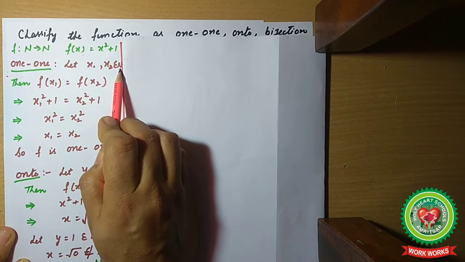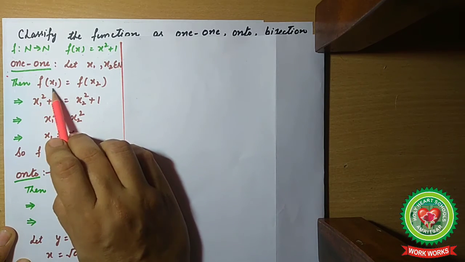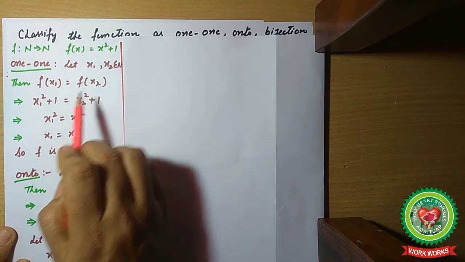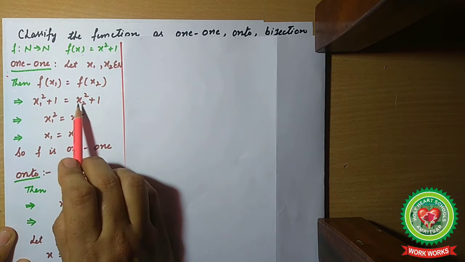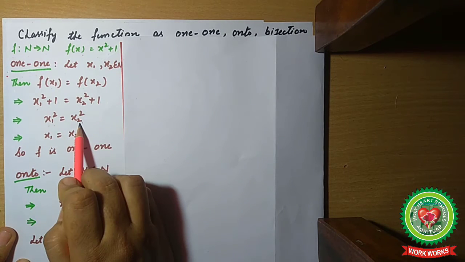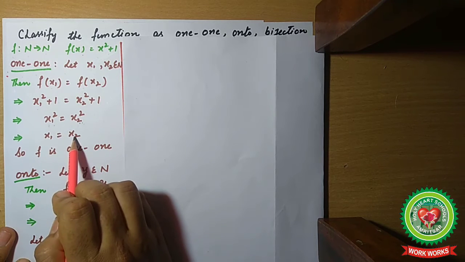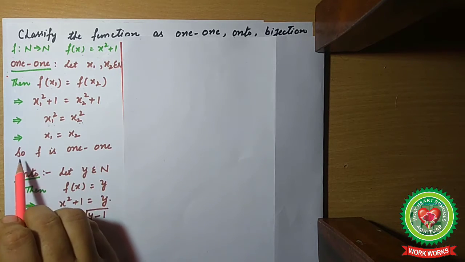Let x1 and x2 belong to N. Then f(x1) and f(x2): x1 square plus 1 is equal to x2 square plus 1. The value is always positive. So x1 is equal to x2 there.